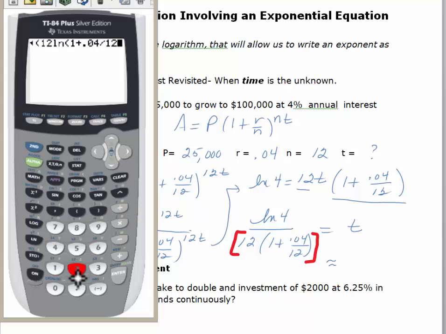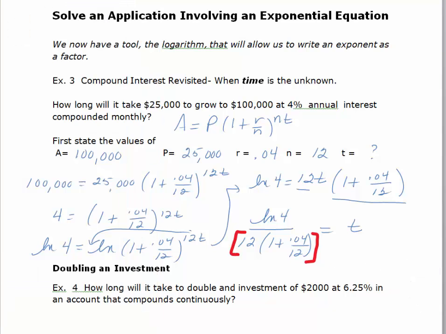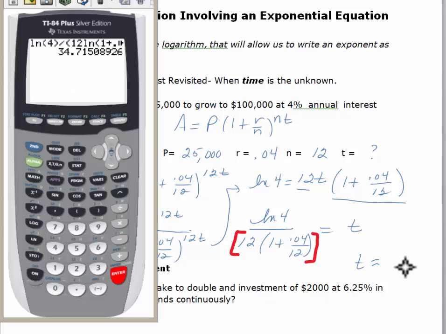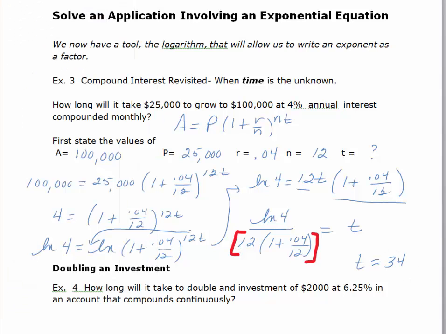Since I've opened two sets of parentheses, I have to close two: I'm closing the argument, and now I'm closing the denominator. If you get a syntax error, usually that's one of the issues, that you've got an open set of parentheses that's missing a close. We're going to get t is approximately equal to 34.7 years.